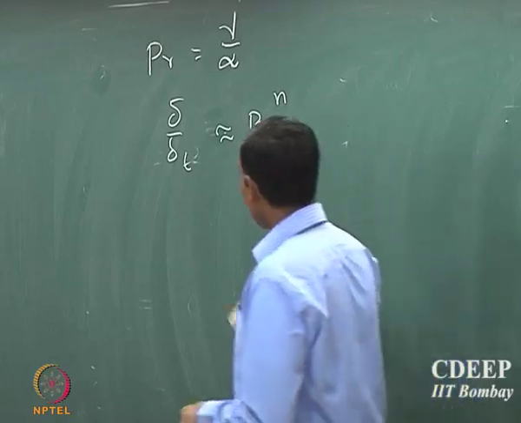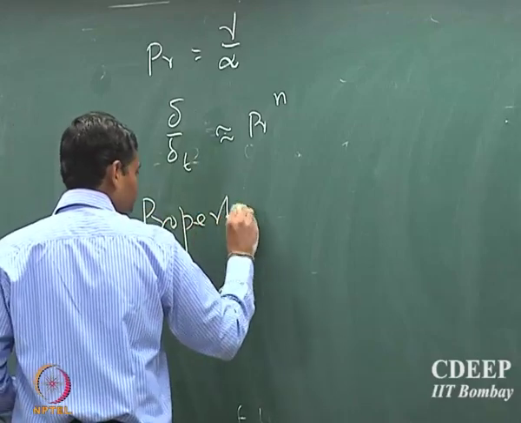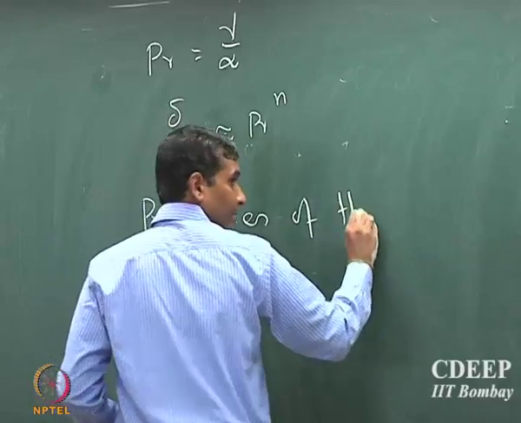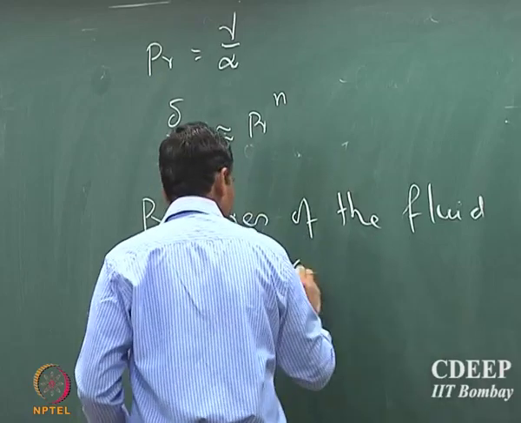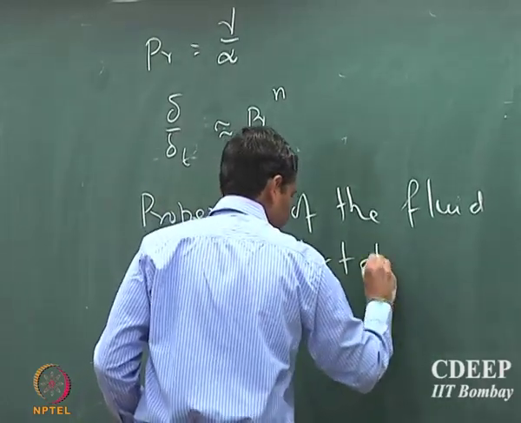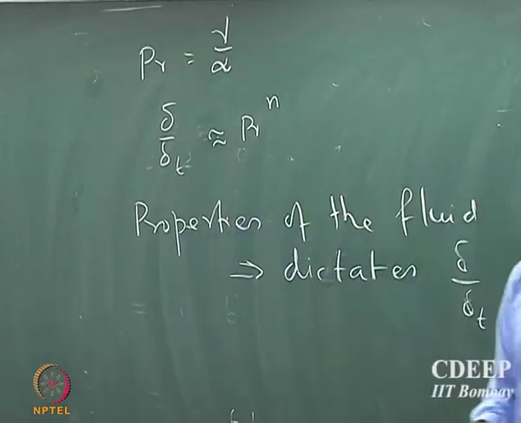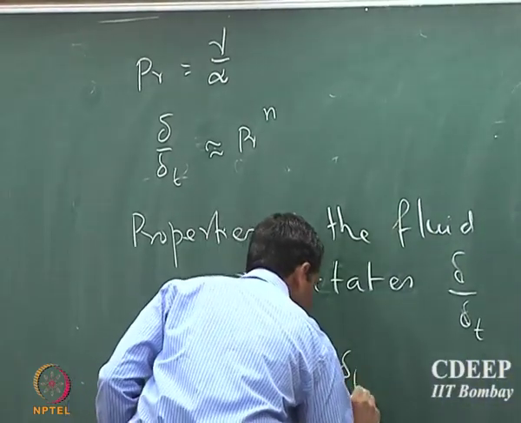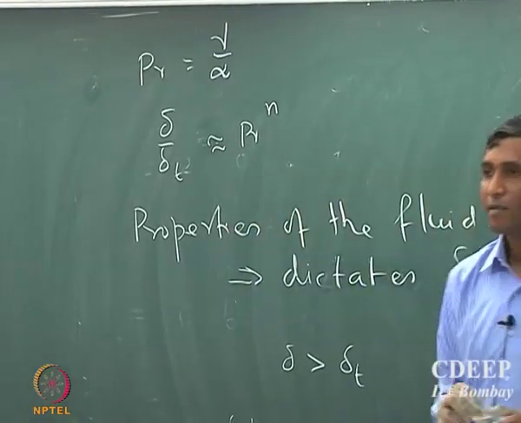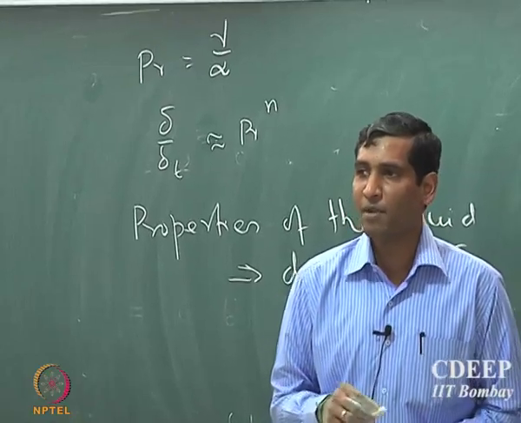So the properties of the fluid dictate delta by delta T, right. So suppose delta is greater than delta T, what will be the nature of the Prandtl number?